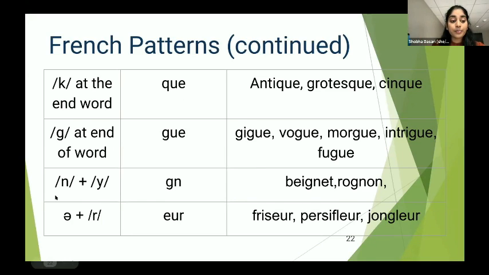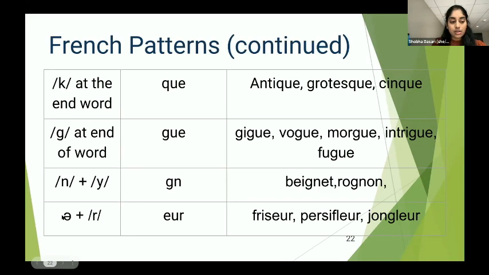which is spelled with the GUE. You have the N plus Y sound, which is kind of said as nia, which is spelled with a GN. So examples are beignet, which again is ET as the A sound, and then rognon, which has that GN and Y sound, nia sound.